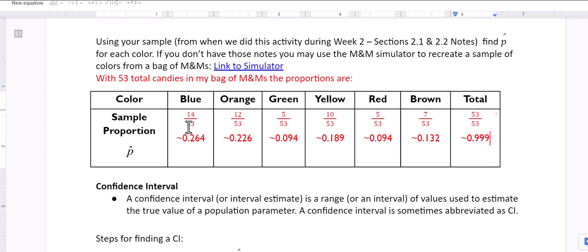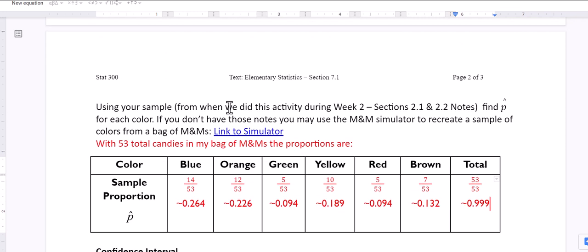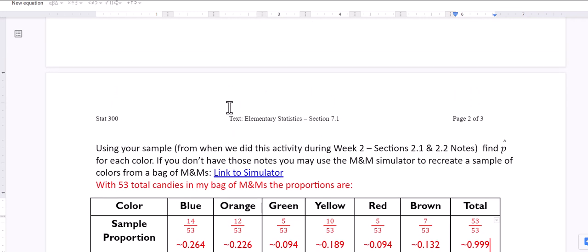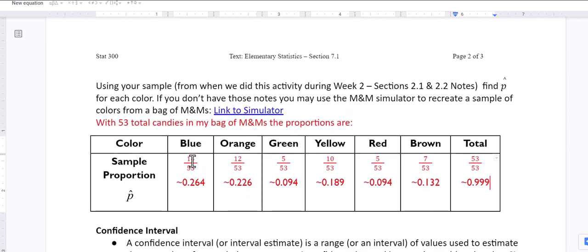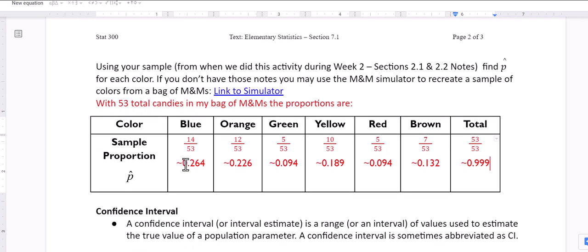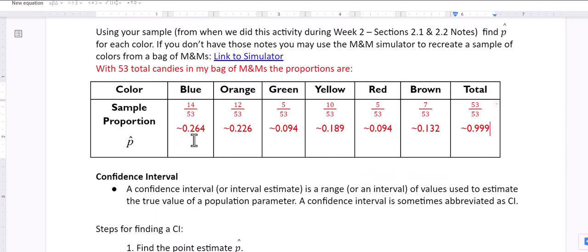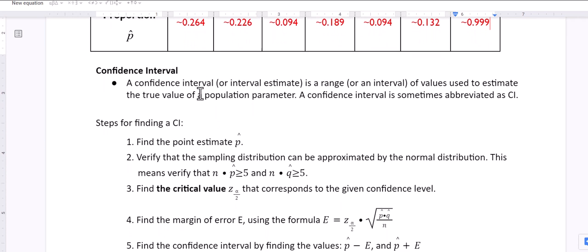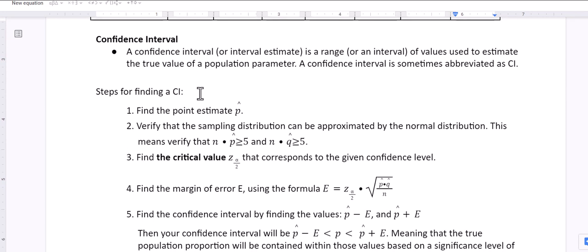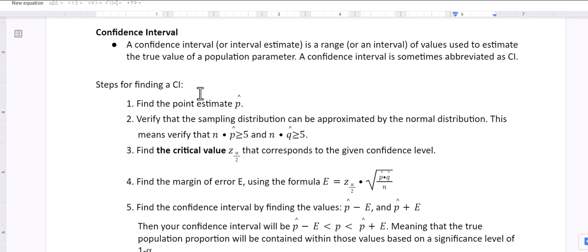All right, so we have our proportion, and here we're going to focus on the blue M&M. So 14 out of 53 and 0.264 is our proportion as a decimal. So now we're going to try to find the confidence interval. So what is a confidence interval?